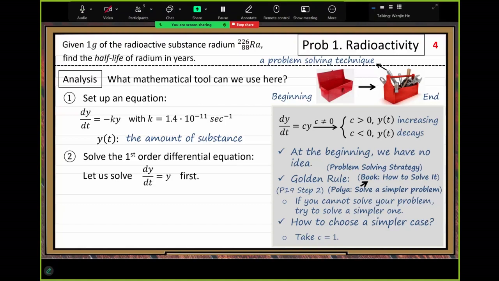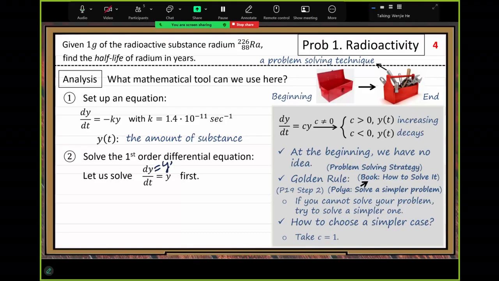So you get a simplified version. This time you only need to solve dy over dt equals y, this simpler equation. To solve this differential equation, our first step: this dy over dt is just another way to represent y prime, the same thing as y prime.